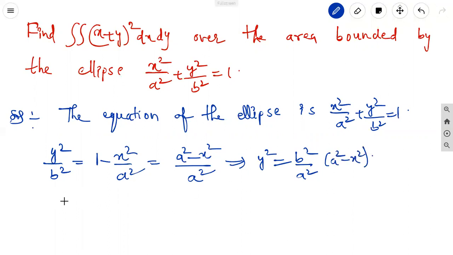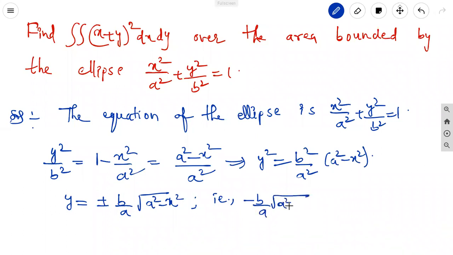Taking square root on both sides, y equal to plus or minus b by a under root of a square minus x square. That is nothing but the limits of y: minus b by a under root of a square minus x square is less than or equal to y is less than or equal to b by a under root of a square minus x square. This is the y limits.